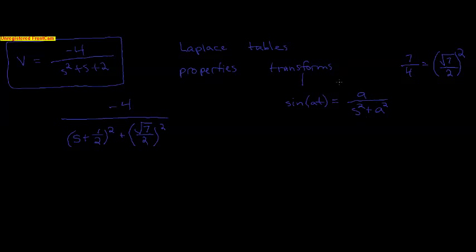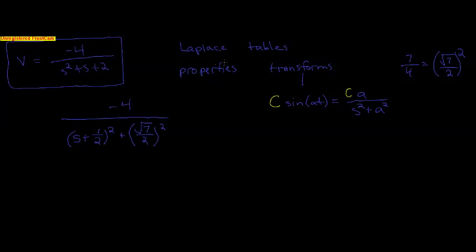This looks like a very good option because we have an s squared and a constant squared. The idea is we have this, except there is a constant in front of it. So this -4 is basically a constant times a.